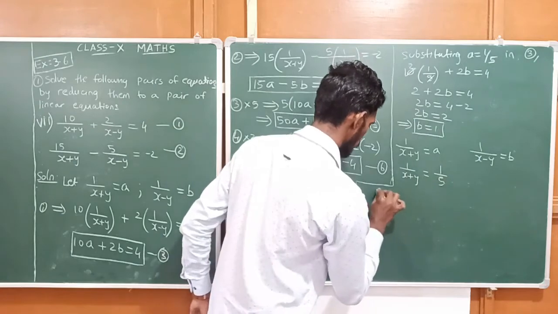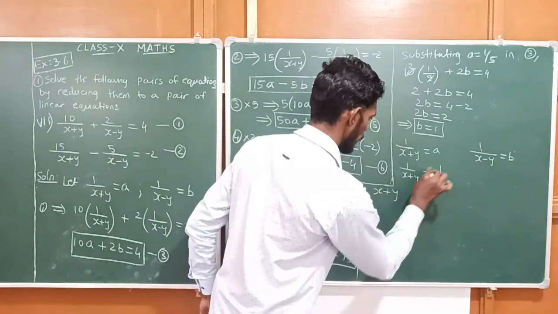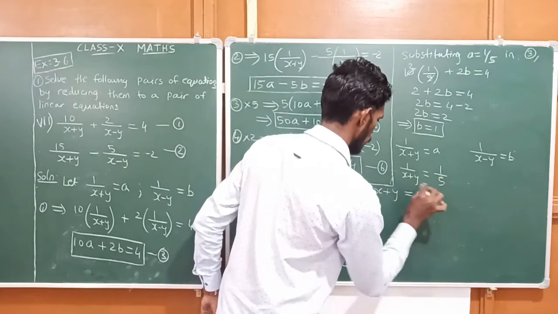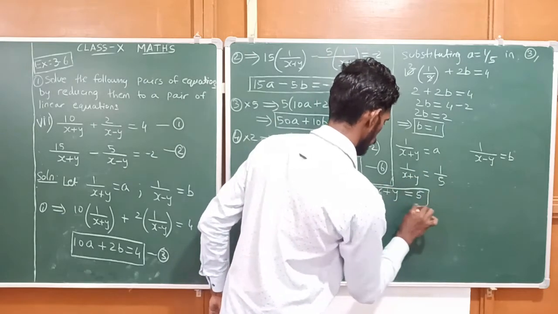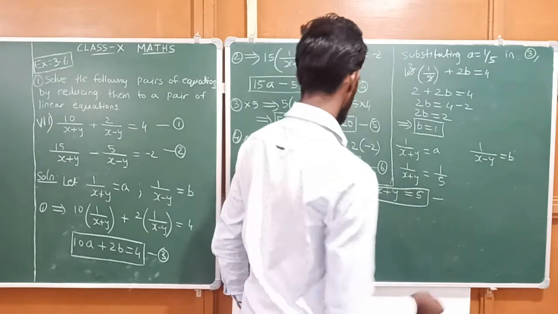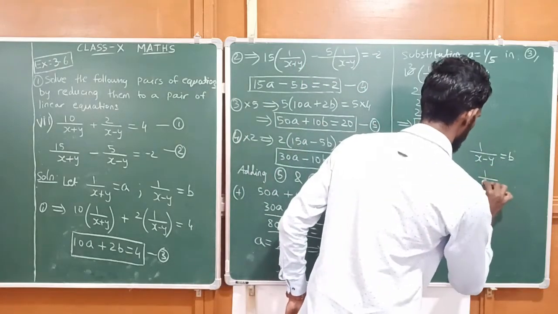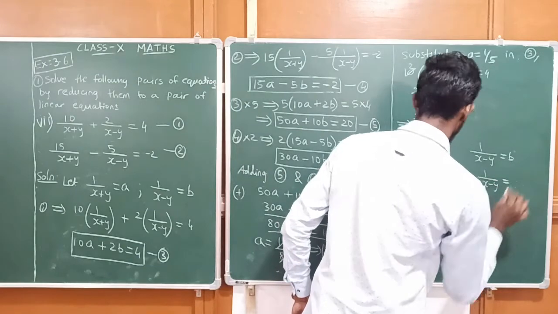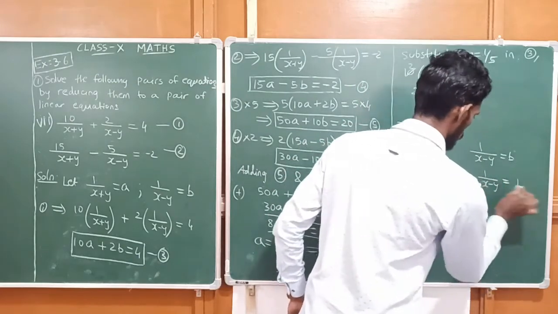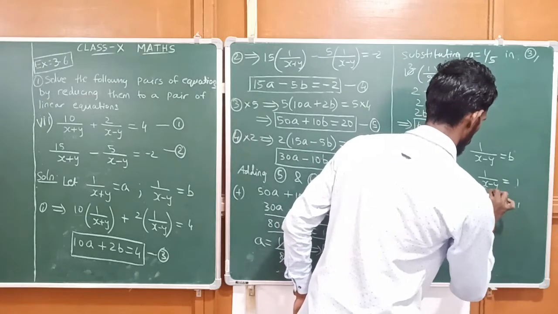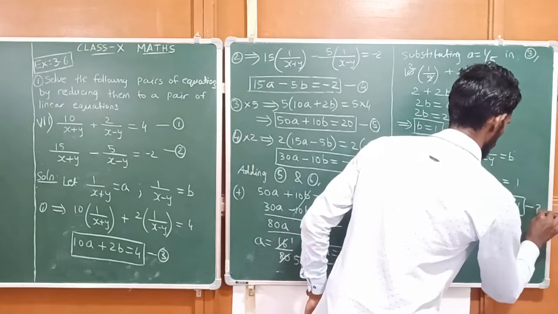On just cross multiplying, x plus y into 1, that is x plus y is equal to 5 into 1. So x plus y is equal to 5. Mark this equation as number 7. Then in this condition 1 by x minus y is equal to b value 1. So on just cross multiplying, x minus y is equal to 1. Mark this equation as number 8.